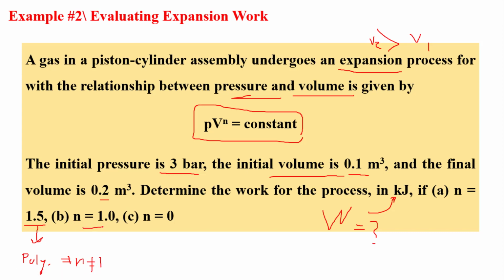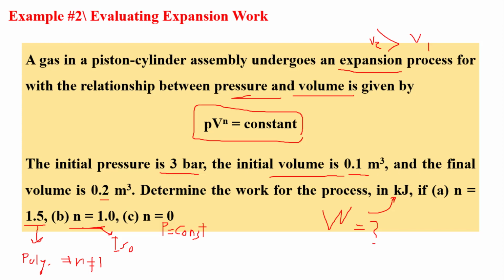Now n equal to 1, scenario B, this is an isothermal process. Now scenario C, n equal to 0, then this is a constant pressure process, correct? Because V to the power 0 equal to 1, so we are left with pressure equal to constant. Let us solve it.